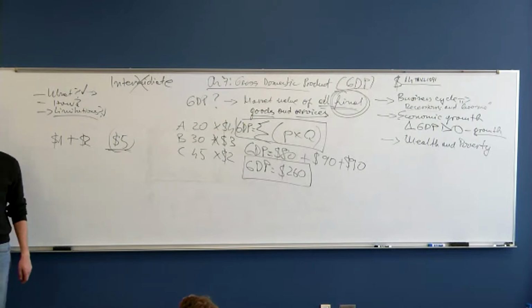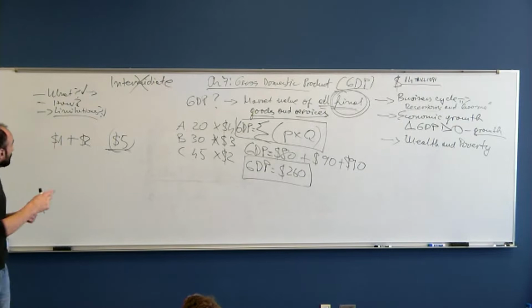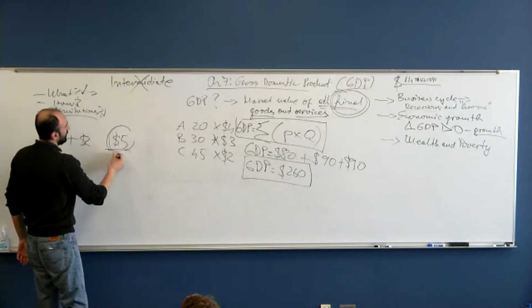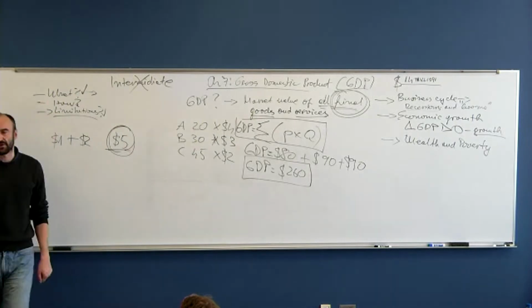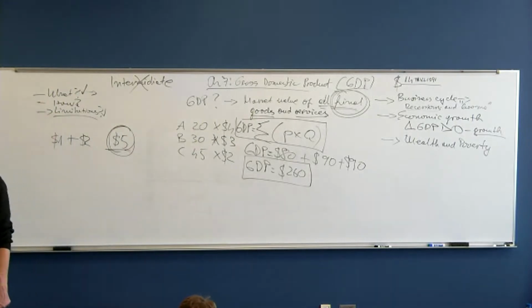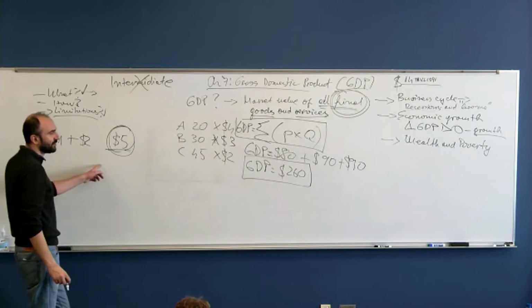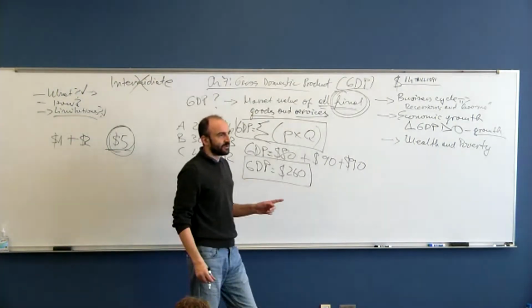So to count any one of those intermediate products separately in GDP would be double counting. All of those costs are accounted for by the final sale price, the final good. So that's one thing: intermediate goods are not counted.